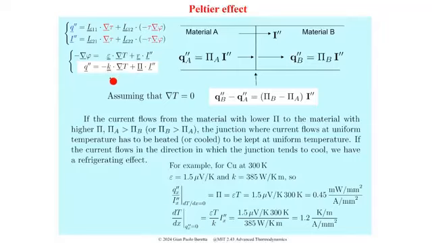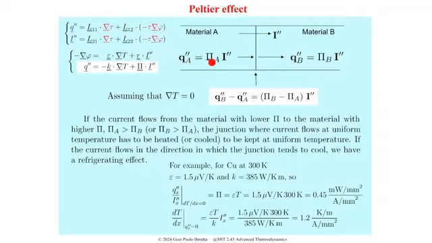And let's assume for a moment that you are keeping no gradient in temperature. So the temperature is uniform throughout here. So this term in the equation is not there, but you still have the equation. It says that the heat flux is proportional to the electric current.